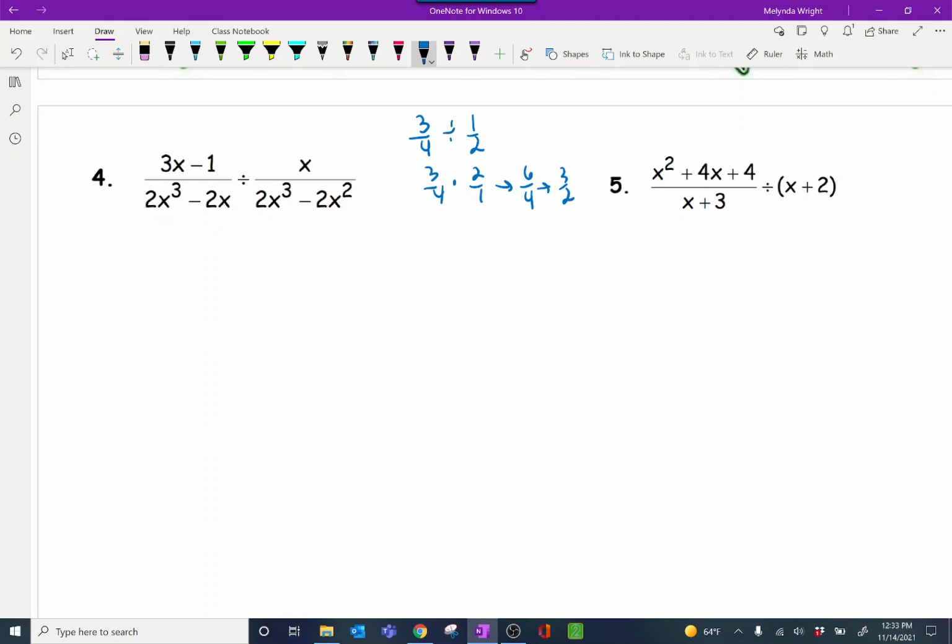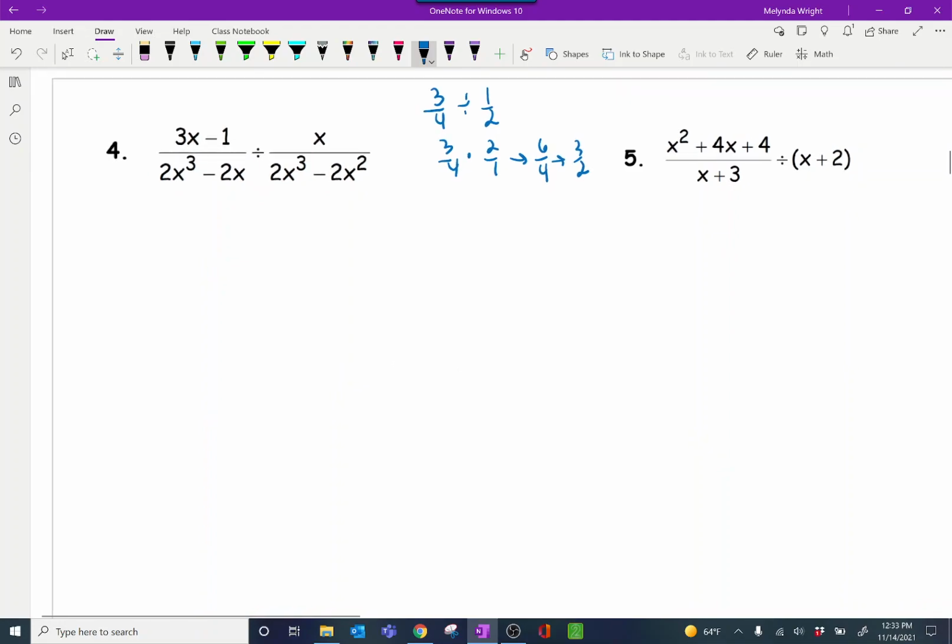The very first thing we want to do is change the division problem to a multiplication problem. Do that before you do anything else. So let's rewrite it. We have 3x minus 1 over 2x cubed minus 2x times, now flip that back fraction, do the reciprocal, flip it upside down. That leaves me 2x cubed minus 2x squared over x.